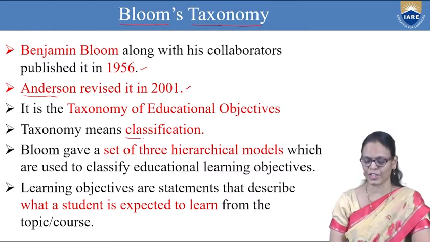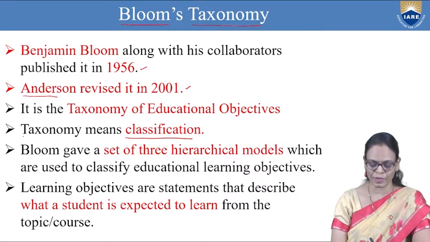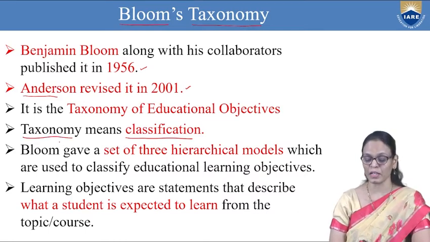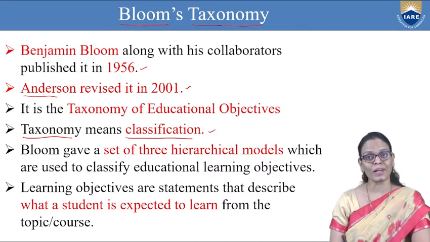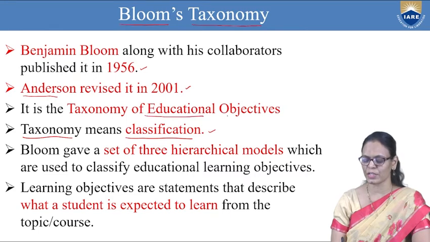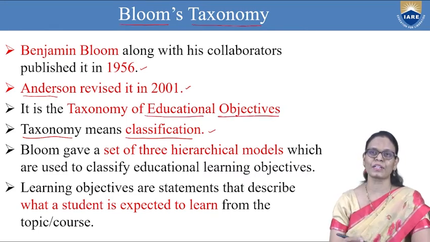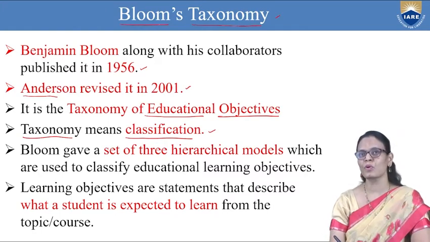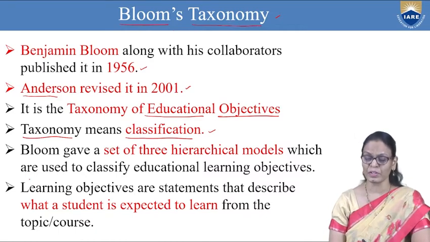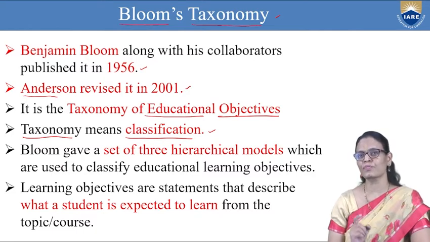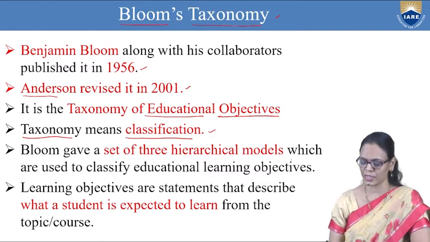Taxonomy means classification. What is it classifying? It is the classification of educational objectives. How do we classify the educational objectives? That was given by Bloom in the form of his taxonomy, which we call Bloom's taxonomy, later revised by Anderson. Bloom gave a set of three hierarchical models which are used to classify the educational learning objectives.